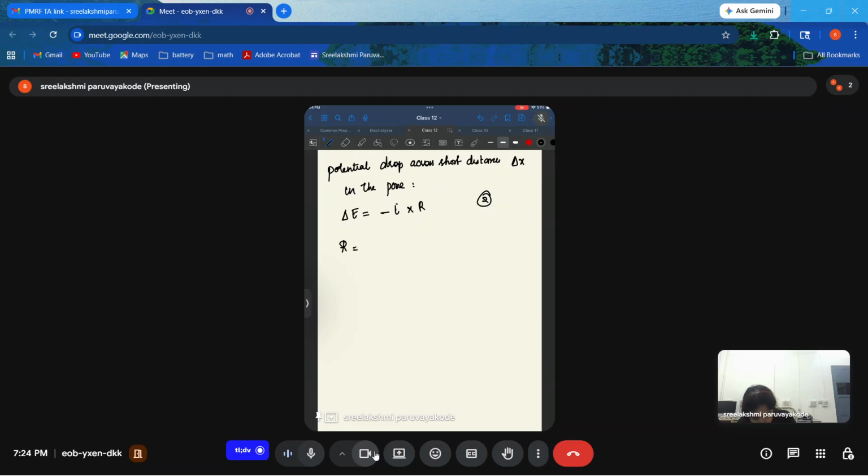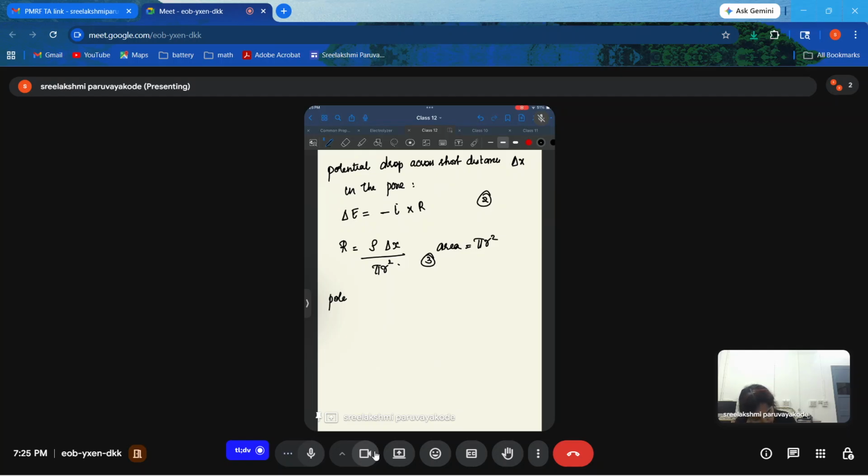So here R will be rho times delta x, the small section, so we don't have to consider the entire length of the channel but a small section, divided by the area. What is the area here? We are considering the cross section, so the area becomes pi r squared. So this is equation number 3. This is the potential drop across a small distance delta x in the pore.